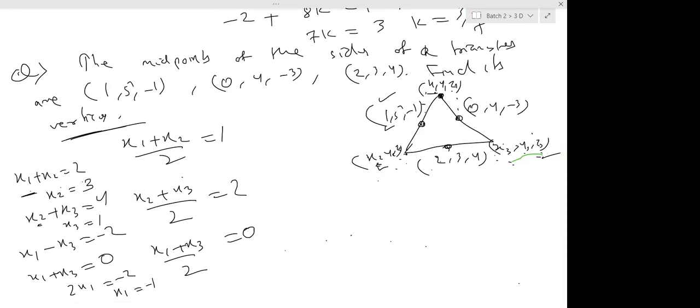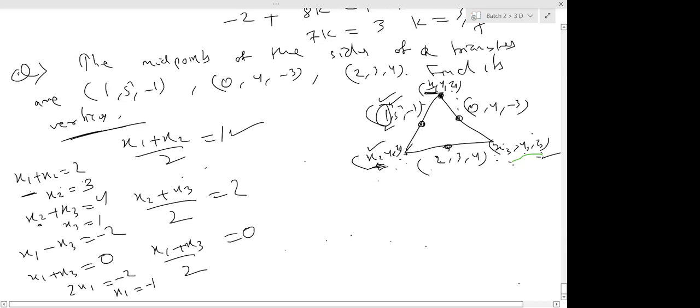Clear? Sir, can you explain once again? I didn't understand. All right. You know the midpoint formula, right? I told you after the internal section formula. So for this x coordinate, I can write x1 plus x2 by 2 is equal to 1, because 1 is the midpoint of x1 and x2.